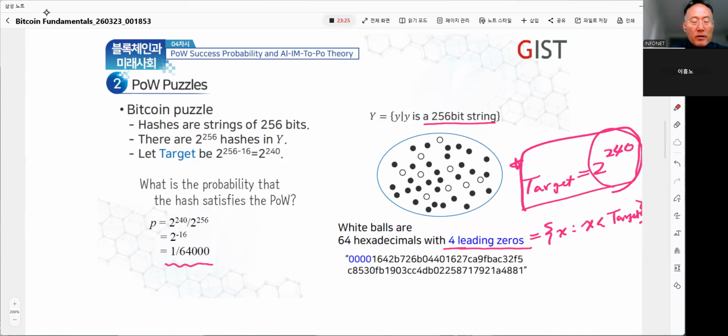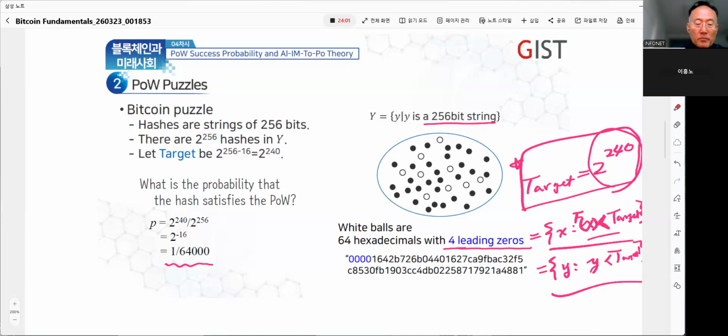So that's the probability of satisfying this inequality: the hash is smaller than the target.